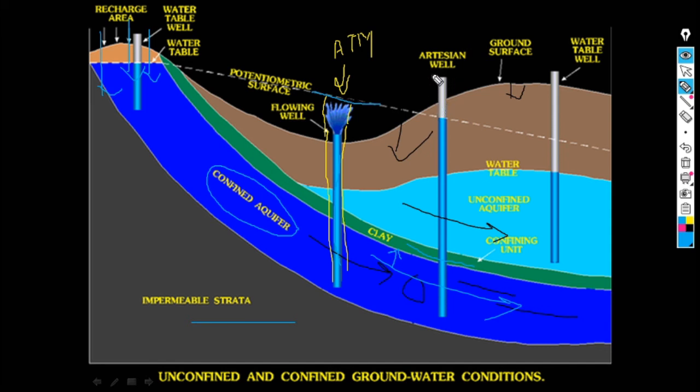So mouth of this well is above this potentiometric surface. That's why it is not a flowing well, flowing artesian well. It is simply an artesian well. Again, there is a simple dug well which is in unconfined aquifer. So water level is raised till only the actual water table level in this region.